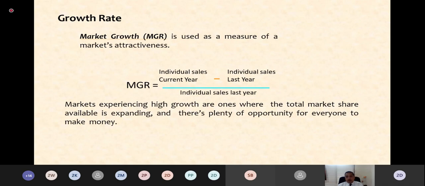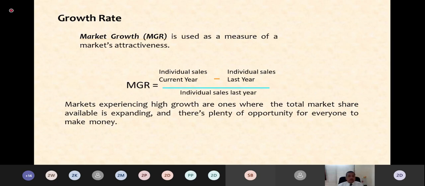So here we can say that it is used as a measure of a market's attractiveness, and it is calculated as MGR is equal to individual sales, meaning a particular company's sales in the current year minus the individual sales last year, divided by the individual sales last year.